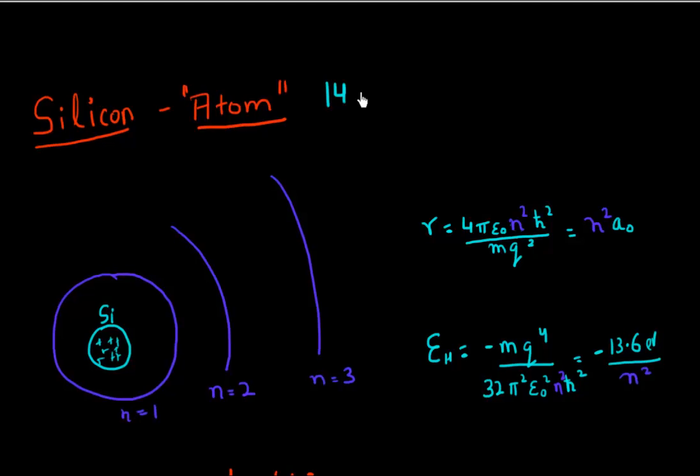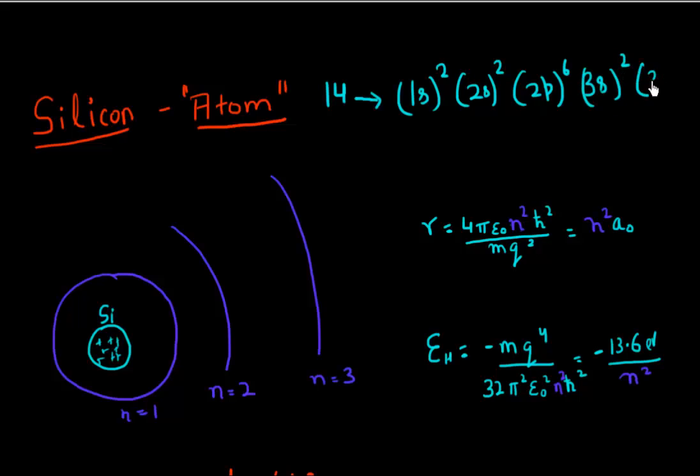And from again my high school physics, I know that if I have an atomic number of 14, these electrons would be arranged as 1s2, 2s2, 2p6, 3s2, and 3p2. Sometimes instead of writing this as 3s2, 3p2, people write it as 3sp4 as well.